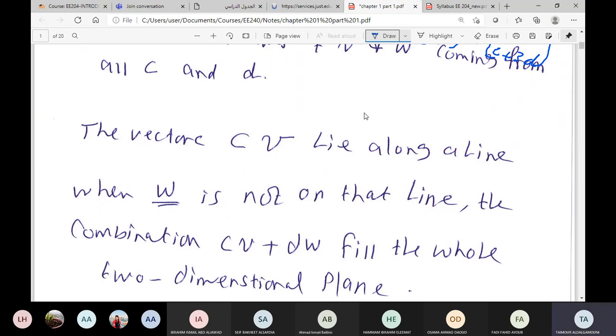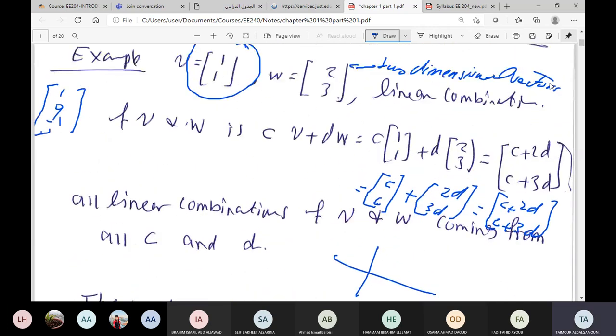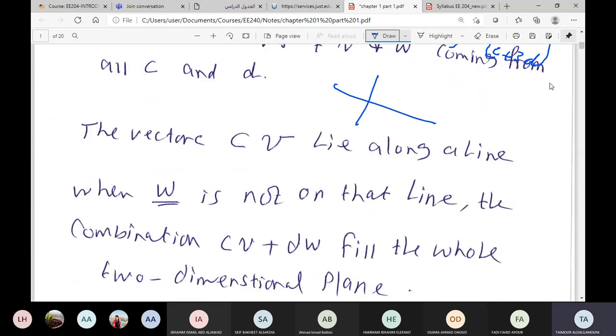Now, let's draw the vector v, which is 1 and 1. Okay, so this is the two-dimensional space. So here's 1 and 1.